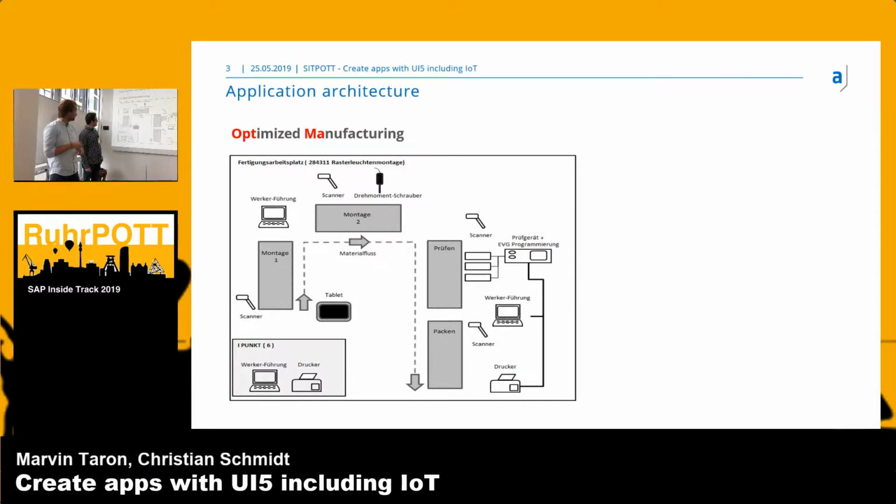In this context, we have different hardware like a scanner, a screwdriver, testing hardware, tablets, printers, and so on. All these hardware components we have to include in the SAP UI5 application and integrate it into the SAP ERP. The whole data we have to use in this application is in the SAP ERP, and so we have to consume it via interfaces.